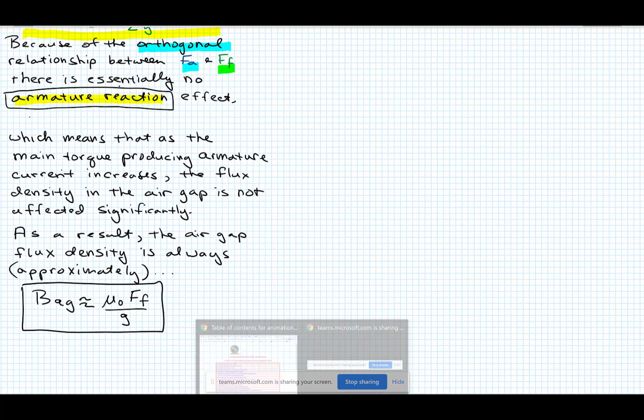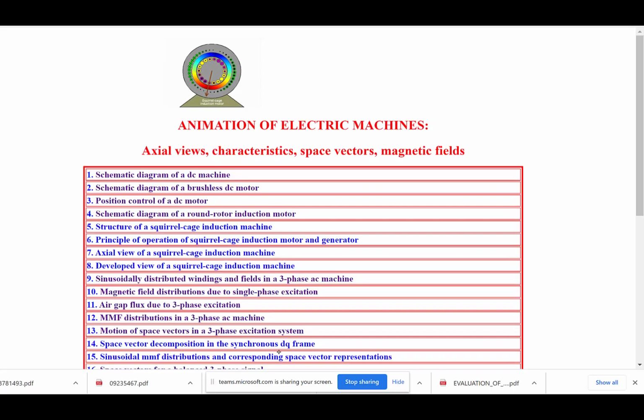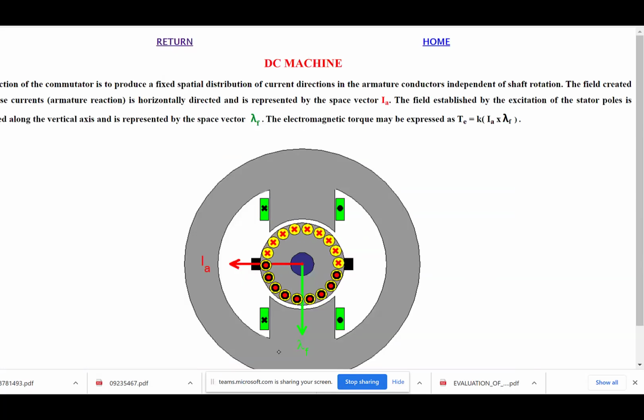And let me go to this animation again. So we're looking at this animation, and we have this 90-degree difference between the angle between these two phasors.